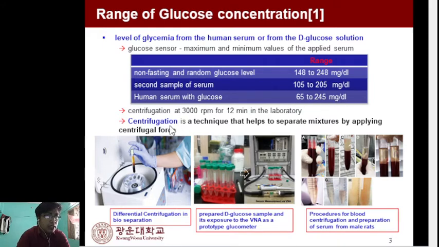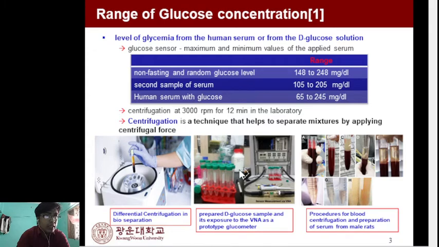Basically these serums are put through the centrifugation process, and here we see the first machine is the differential centrifugal machine. This machine is used for bioseparation, and it uses centrifugal force for separating.